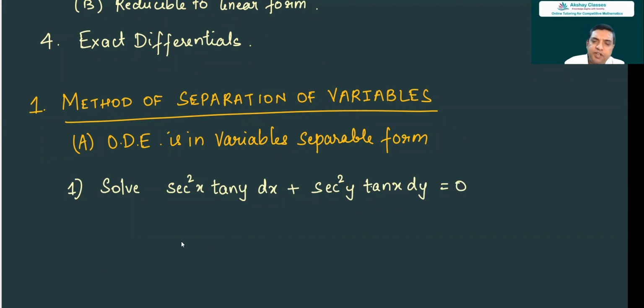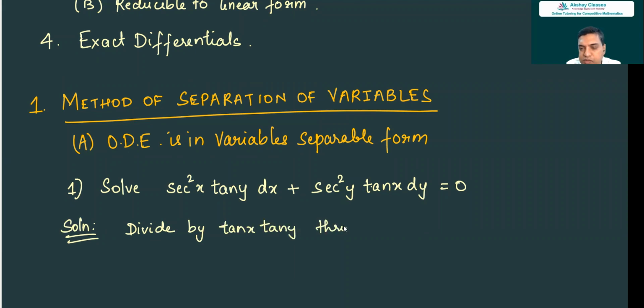Now, this is a differential equation. What we can do, I can write this like this. I can either take this to the other side or it doesn't require. I can divide by tan x tan y throughout, that means left hand side and right hand side.